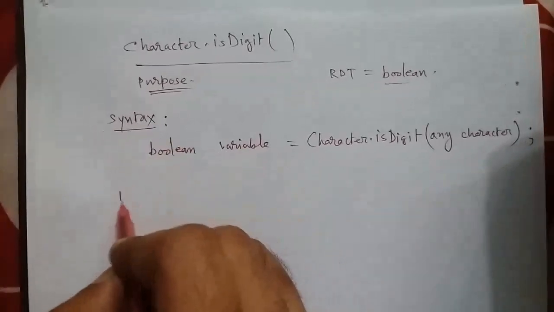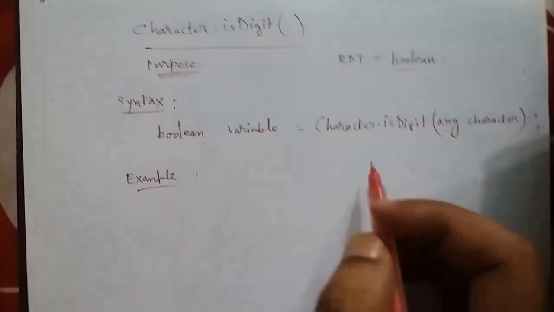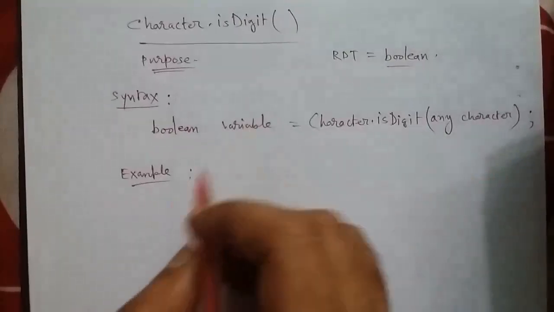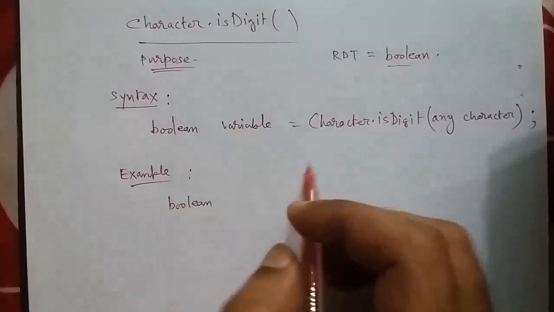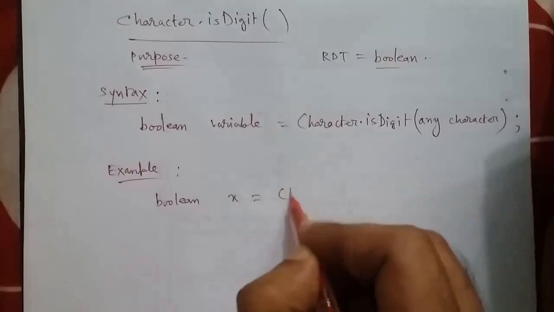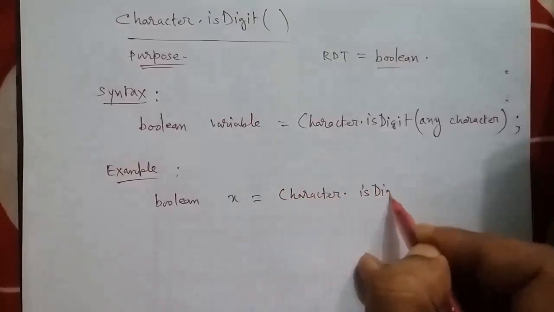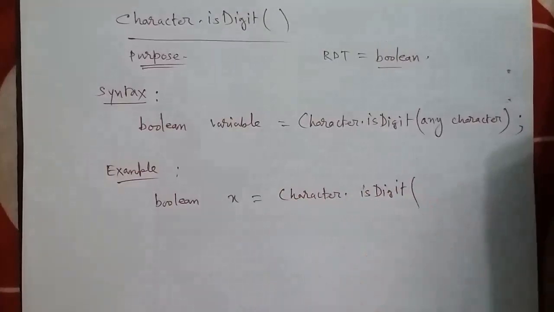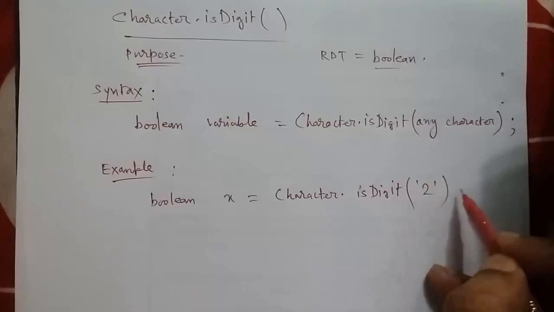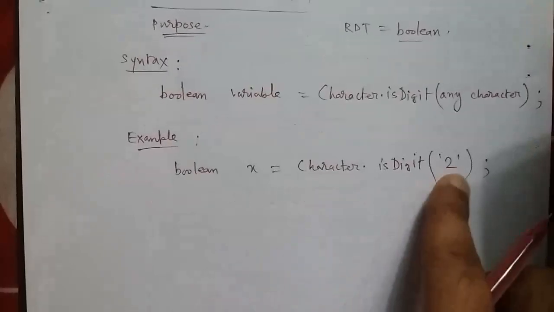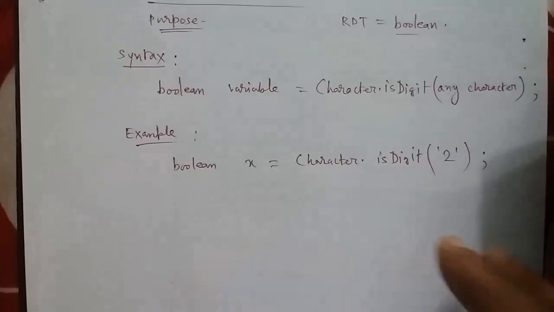For example, if I write here Boolean x equals to Character.isDigit, suppose 2. As you can see, 2 must be enclosed within single quote, okay, because 2 is a character.